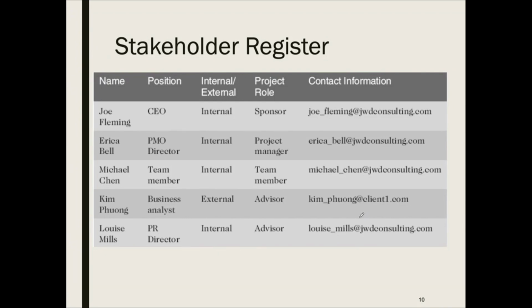So we need to identify them here, and we need to have their contact details so that we can communicate with them. And notice here that we have project role and the position. The position is your title in the organization, but the project role is what you are going to do in this project. This is your role in the project. There is a difference between them.